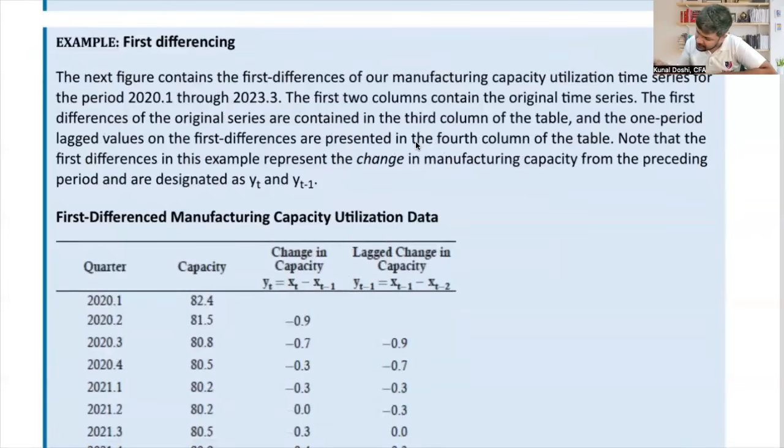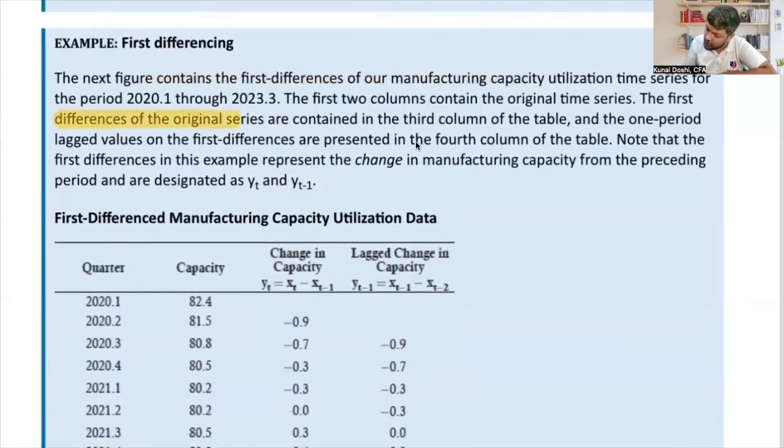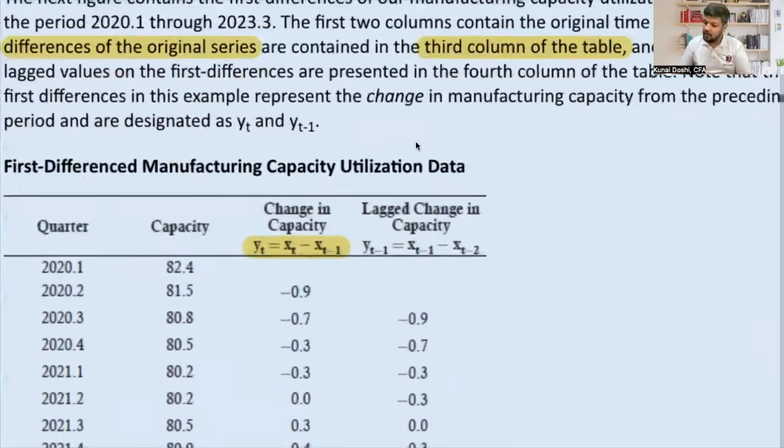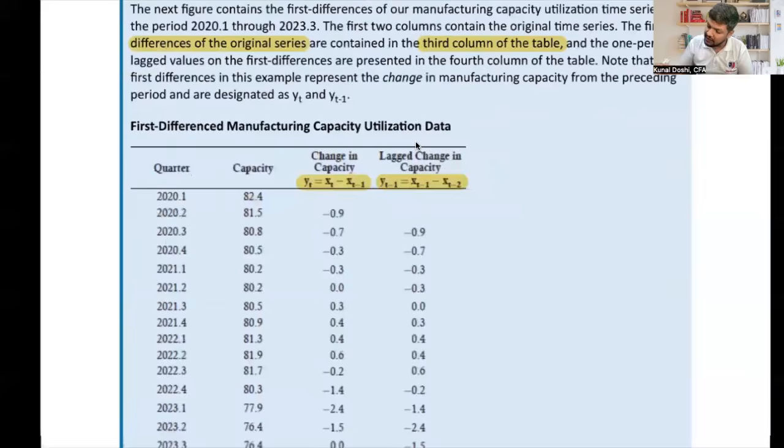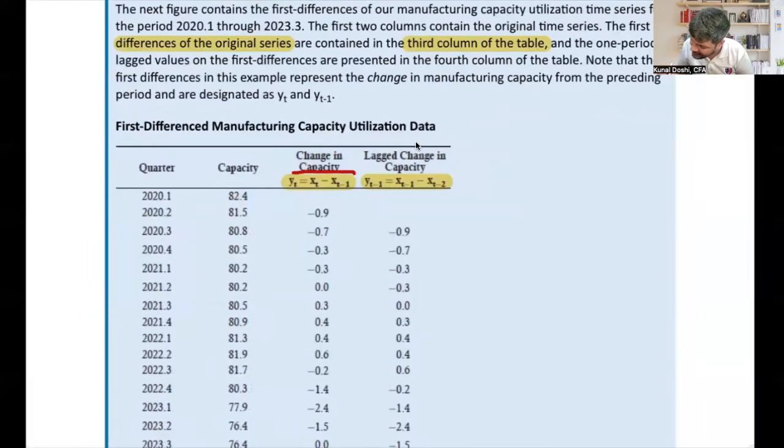So here we've been given the same information. The first differences of the original series are contained in the third column. So in the third column you will see the value of yt based on the previous year value, and then yt minus 1. Everyone just notice this yt, and then it is yt minus 1, one year back.